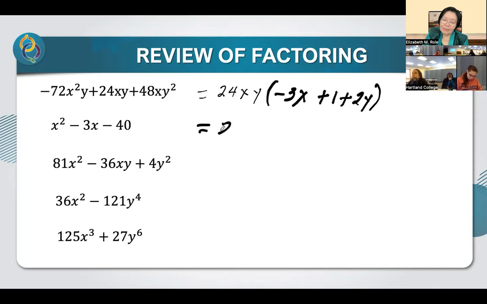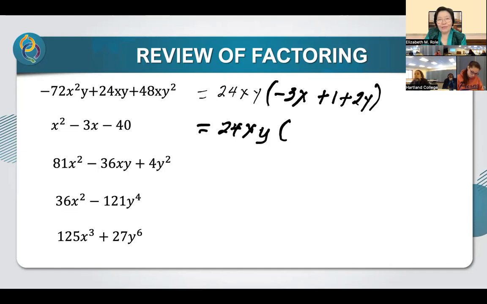So you can just have 24xy. I think you can begin with a 2y minus 3x plus 1, all right? Or 1 minus 3x plus 2y, it doesn't matter, okay? Yeah. So that can already be the answer, 24xy times minus 3x plus 1 plus 2y.